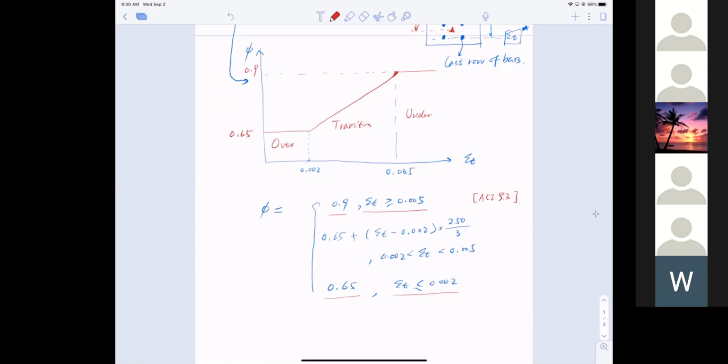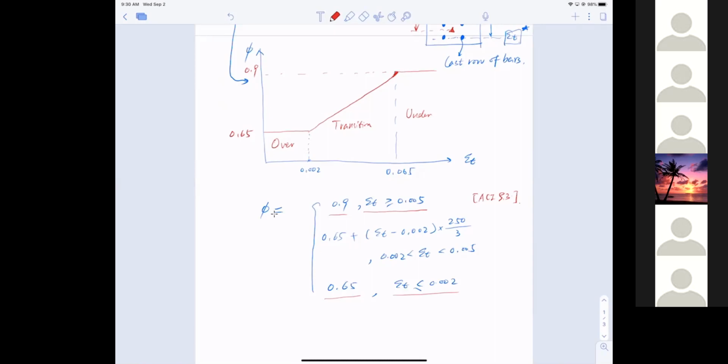So now take a look. Currently we have gone over the balance condition and how to determine the strength reduction factor, and we're ready to solve problems. Let's take a look at the problem first. Go to example number 3 here, 2.3.